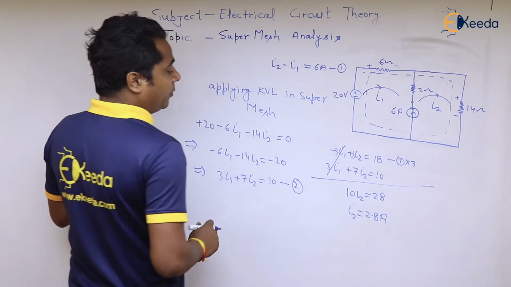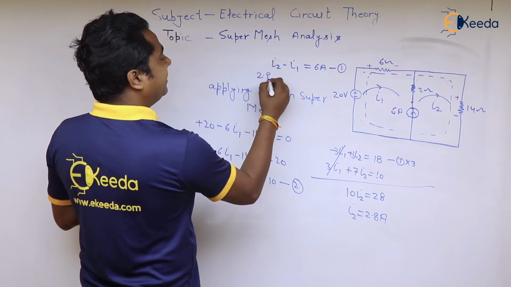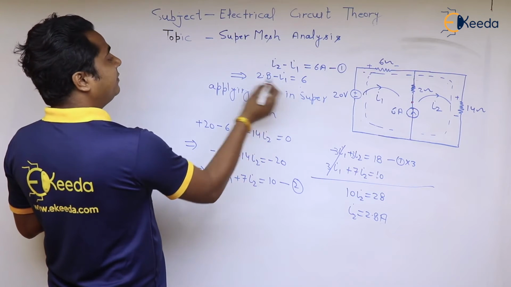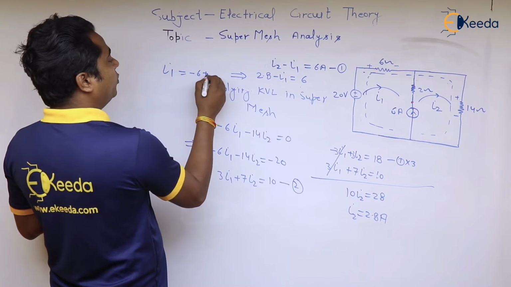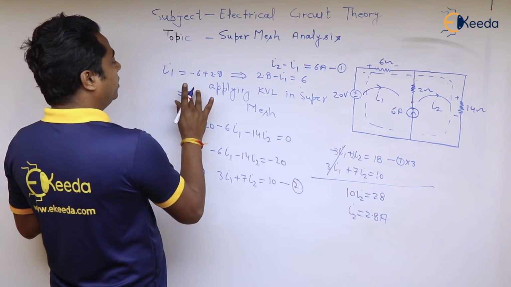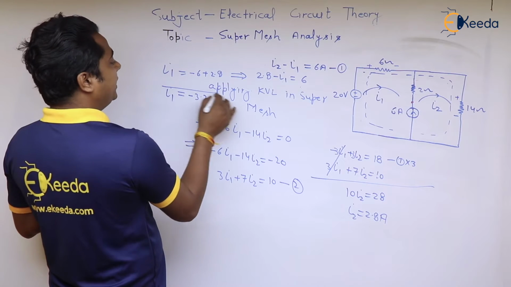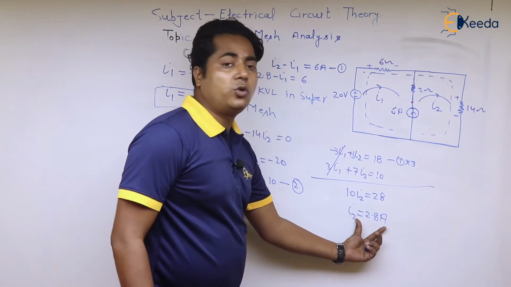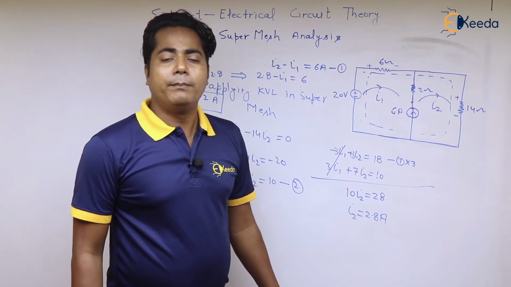Putting the value of I2 in equation number 1, 2.8 minus I1 is equal to 6, so I1 is equal to minus 6 plus 2.8, which is minus 3.2 ampere. So the value of I1 is minus 3.2 ampere, and the value of I2 is 2.8 ampere, and we have solved this question using super mesh analysis.